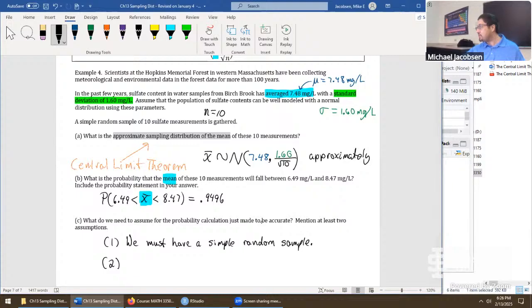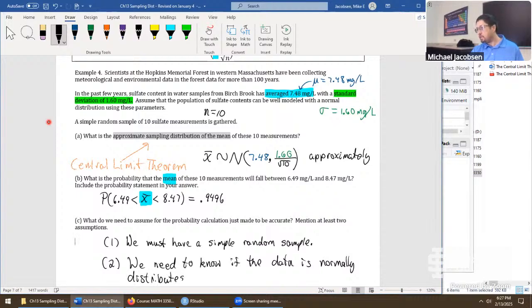So let's say it the way you said. Let me pull up the chat again. We need to know if the data is normally distributed, and let me add just a little more.